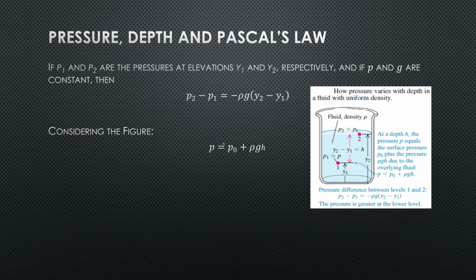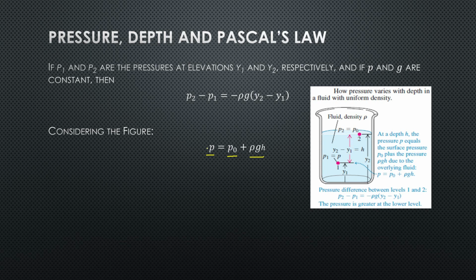Considering the figure, the absolute pressure P will be equal to atmospheric pressure plus the gauge pressure. So this absolute pressure will be equal to atmospheric pressure at point 2, and this is the gauge pressure at a certain height or depth.